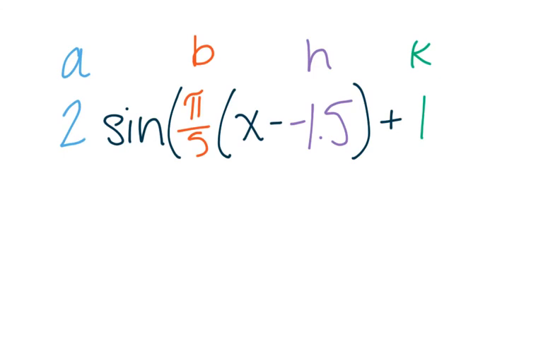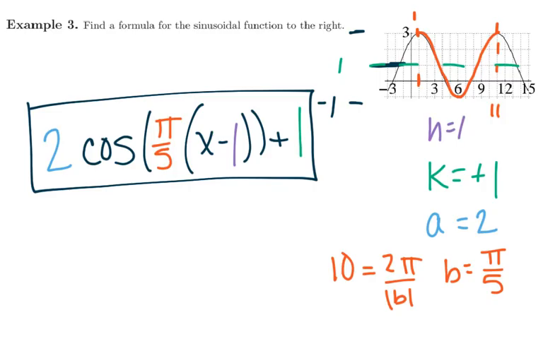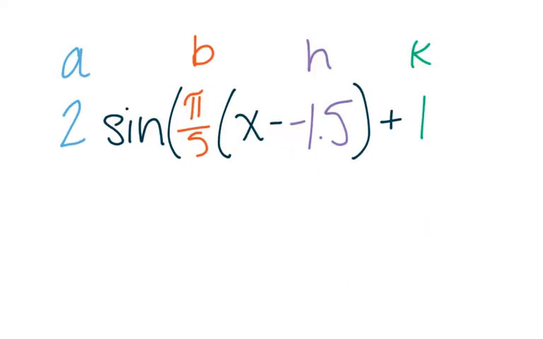So this is the solution for the sine version of the problem. Notice the only thing that changed here was my h, my shift. That was dependent on the fact that I chose sine for this one as opposed to cosine in the previous solution. Because I was making up my answer from the same graph, my amplitude was obviously going to be the same.